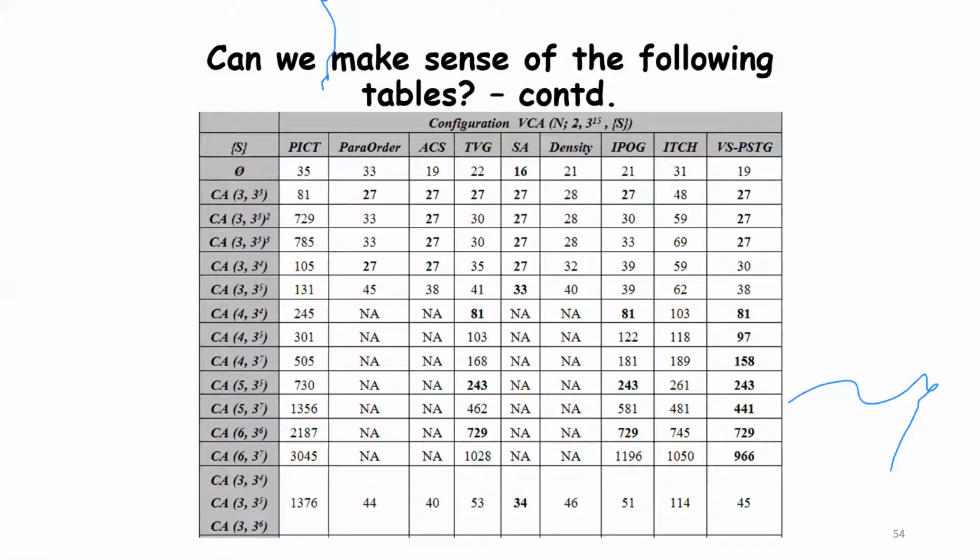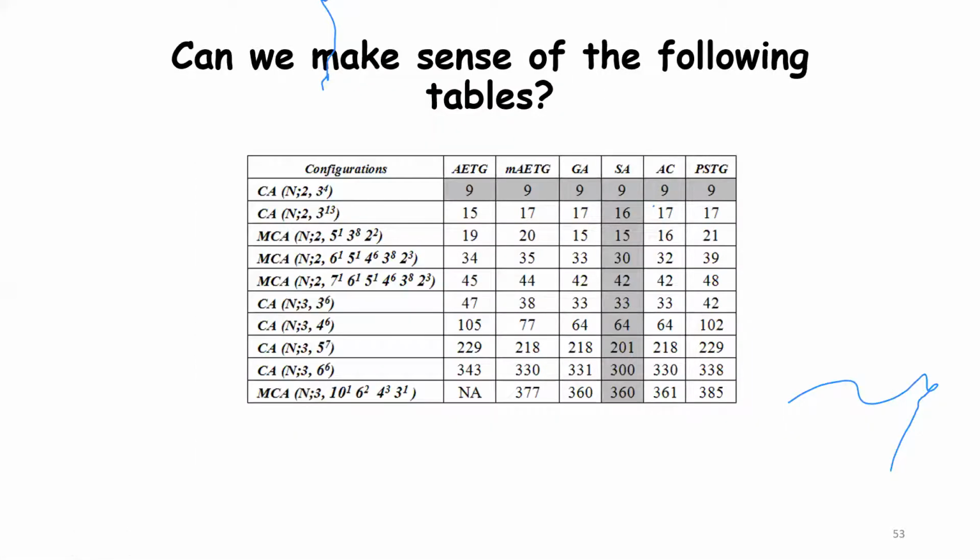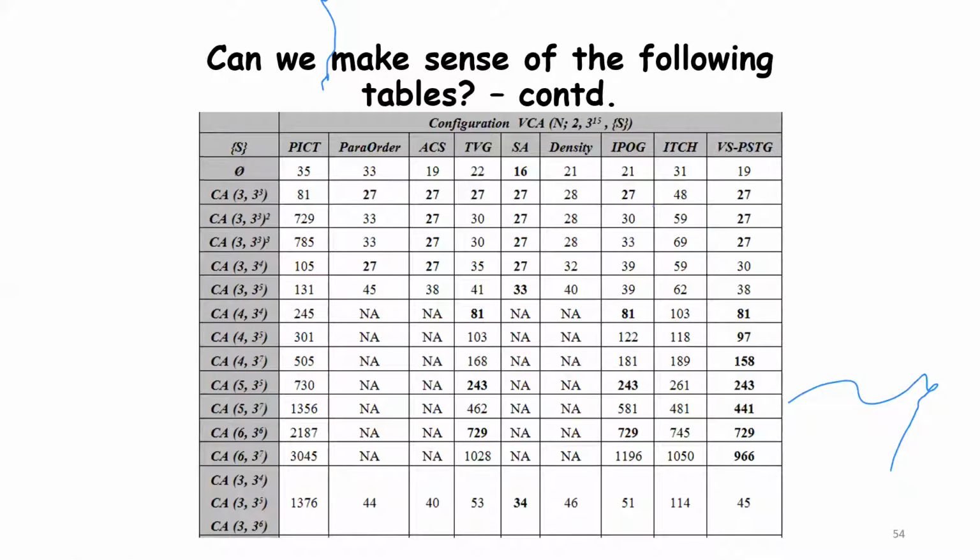Like the example we gave before, a pizza screen and an alarm system. Although they come from different problems, they can actually be of the same covering array, mathematical representation. So this is the way you can make sense of the tables.